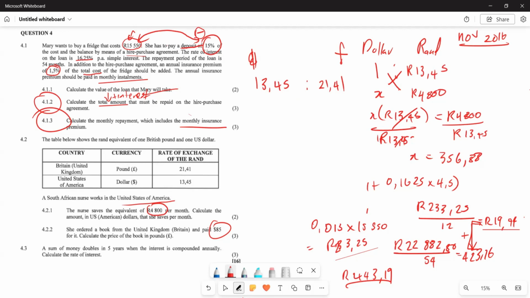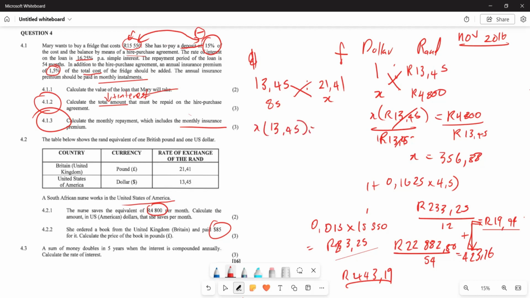And now if you are looking to find out in terms of what will then be this answer, they are saying here, they are giving you in terms of your US dollar, which is 85. So then now, which means you are looking for the pound. And then you're going to simply just cross multiply. And when you cross multiply, you'll realize that the value that you are going to get here is you're going to have x into 13.45, right?